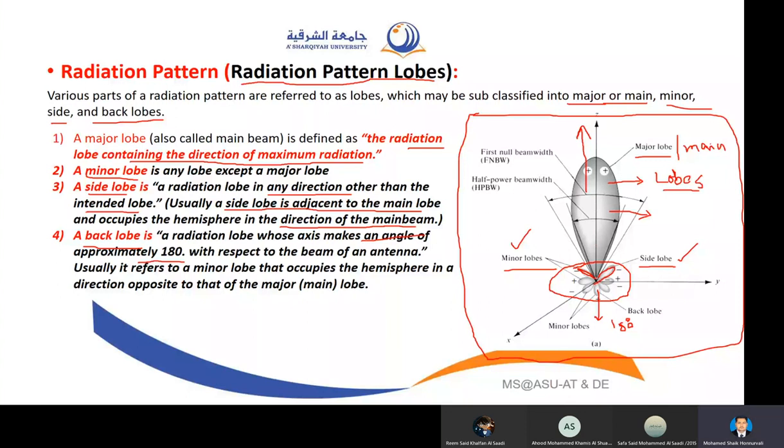The lobes adjacent, present at the side of the main lobe, are known as side lobes. Other than the main lobe, all the remaining lobes are the minor lobes. Okay, so I hope now it is clear. So this is about the lobes concept.